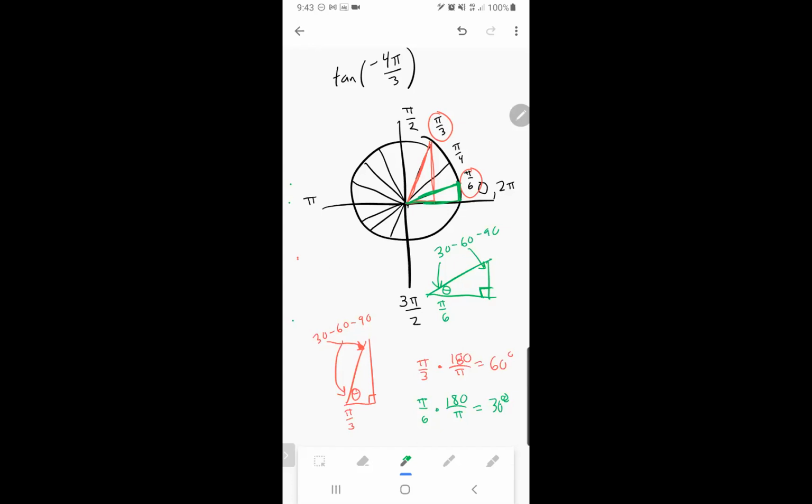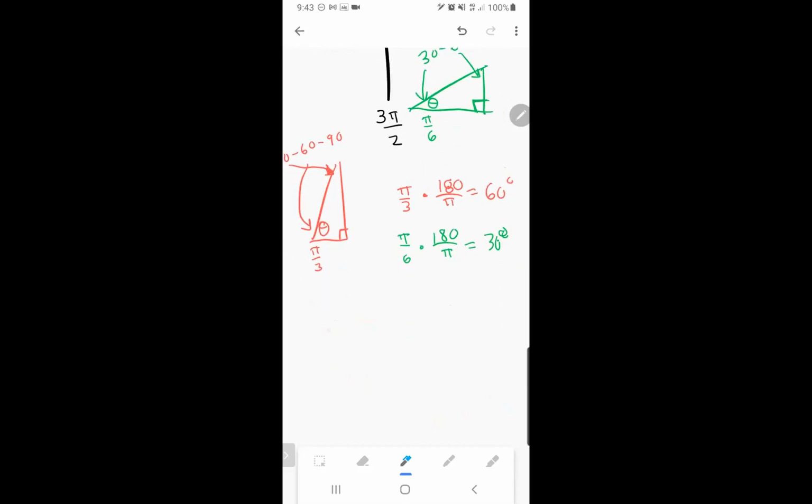And then that other leftover angle, the pi over 4, if I draw that one, where this is theta and that's pi over 4, pi over 4 times 180 over pi comes out to be 45 degrees.